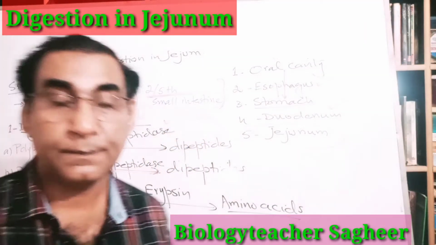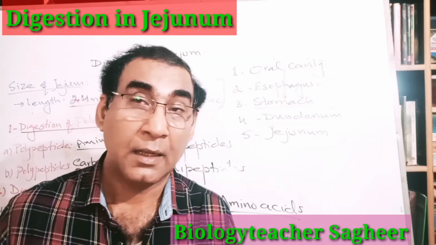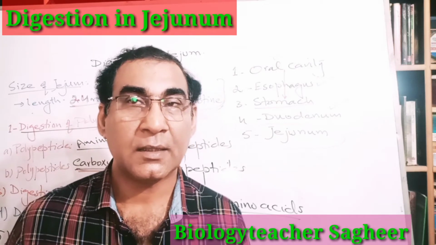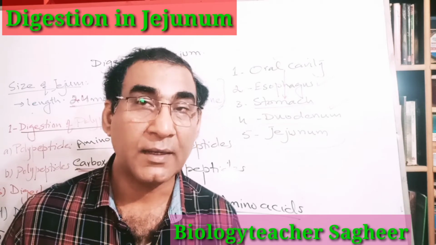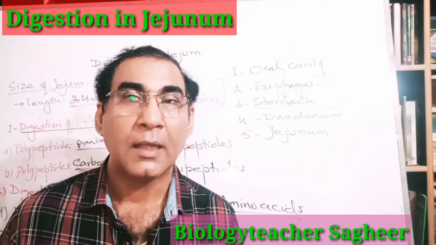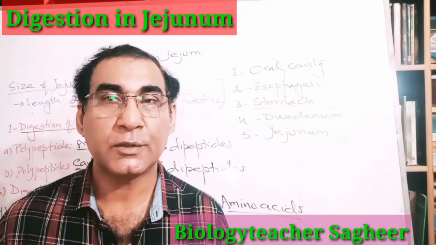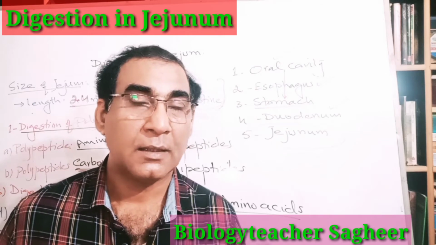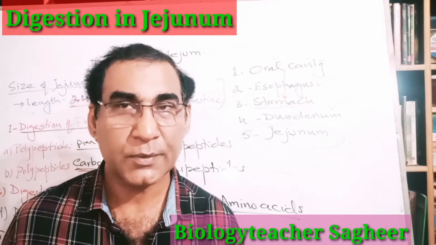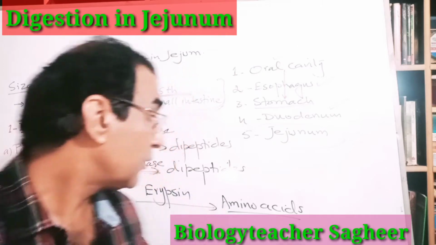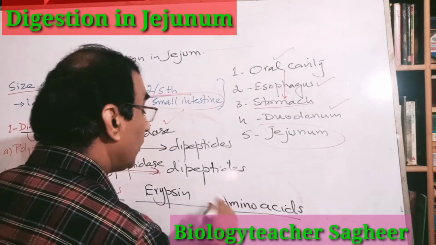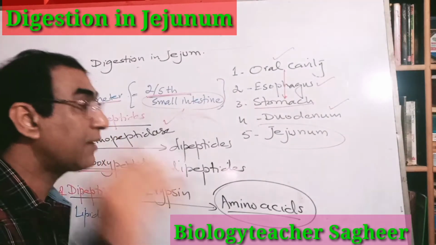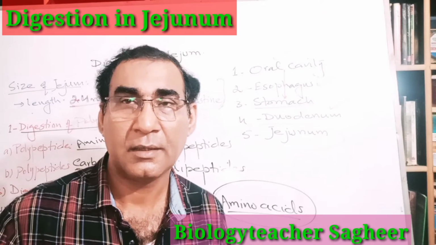Amino acids are the final digestion products of proteins. These are absorbed into the villi, which you will study in my lecture on the absorption of food material. So this is the final product received as a result of complete digestion of proteins.